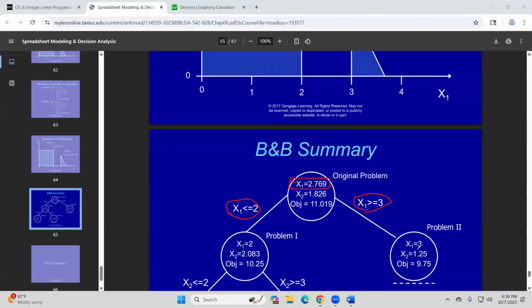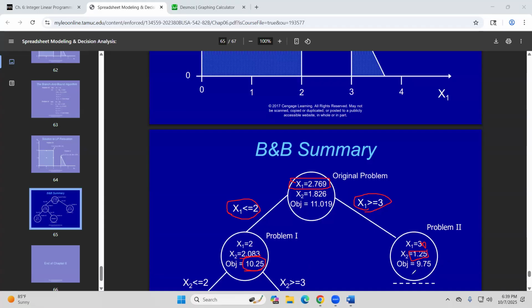So one time I'm saying it should be less than or equal to 2, one time greater. When I solve this, I got this solution: x1 is equal to 3, and x2 is equal to this, right? So 1 point something. Now, when I solve this side, I got x1 equal to 2 and x2 is 2.8, okay? So the optimal solution of this one is better than this, right?